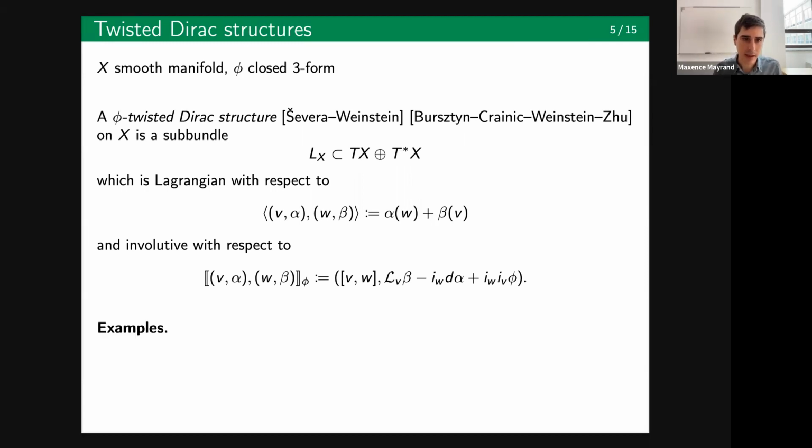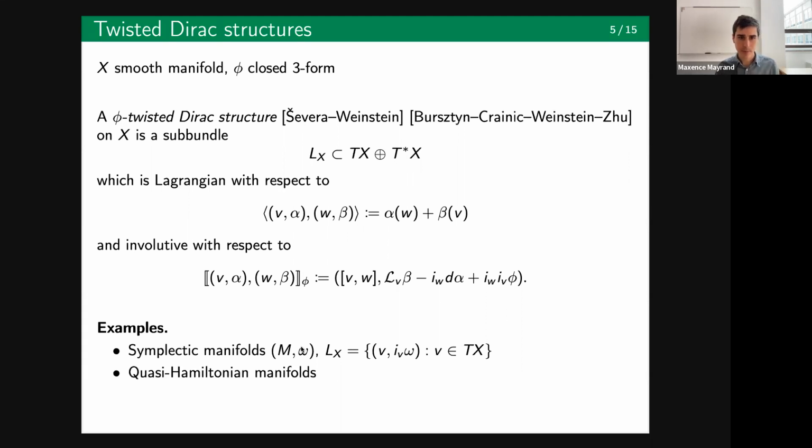So it generalizes many things, like symplectic manifolds are a Dirac structure if you take the graph of the two-form. The involutivity is equivalent to the closedness of the two-form.